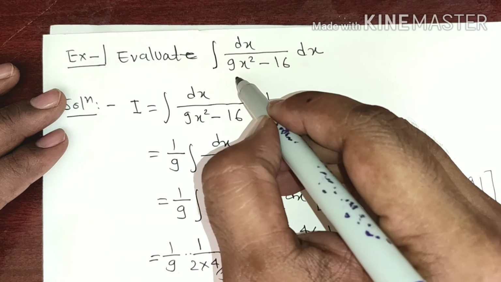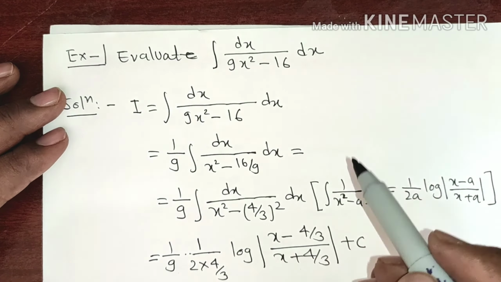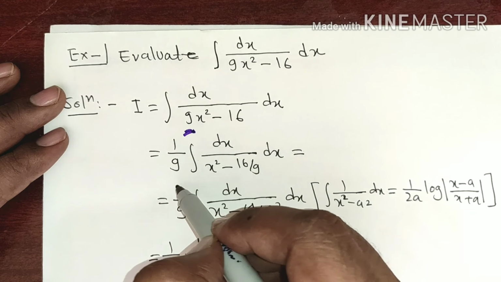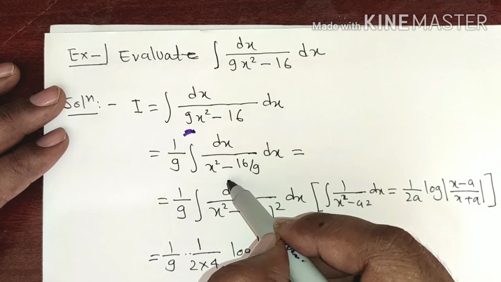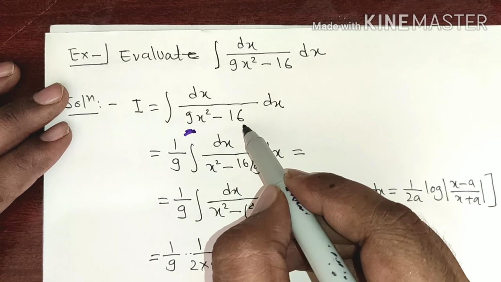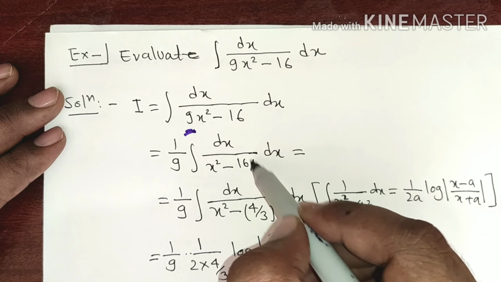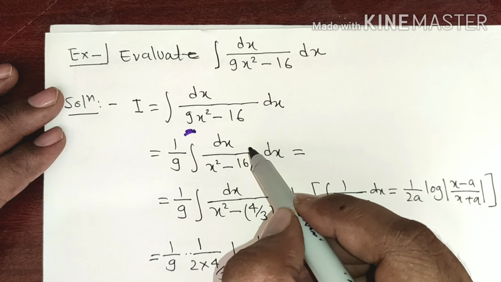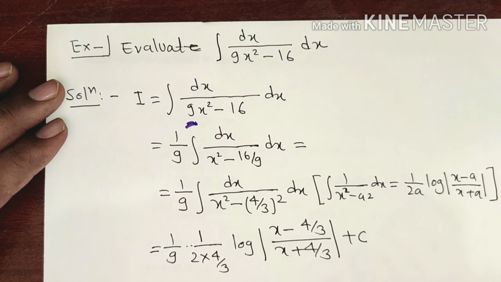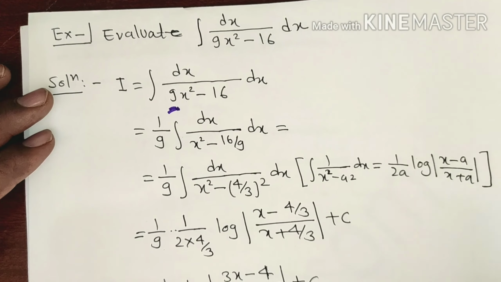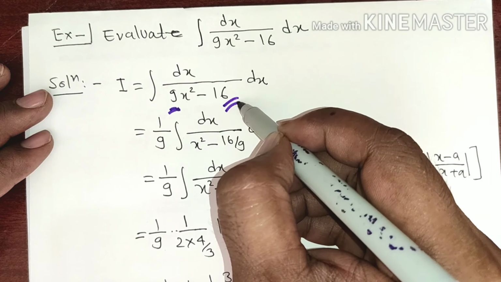Evaluate integration dx upon 9x square minus 16. We take 9 common from there, so 9 will be outside, x square is remaining, but there is no 9 in 16. That means 16 divided by 9, because there is no 9 in this 16.